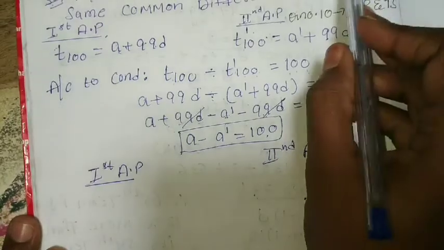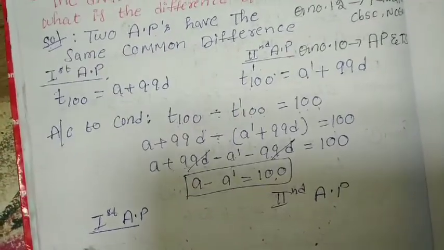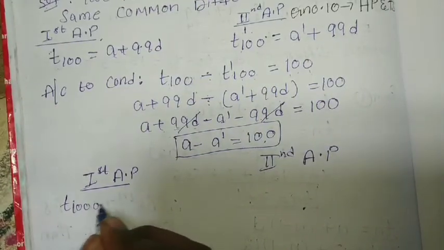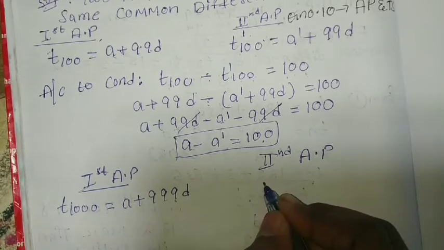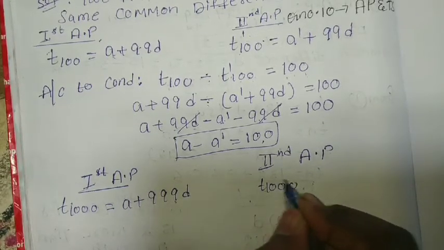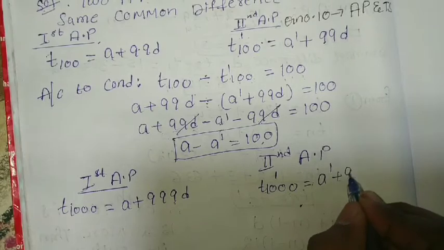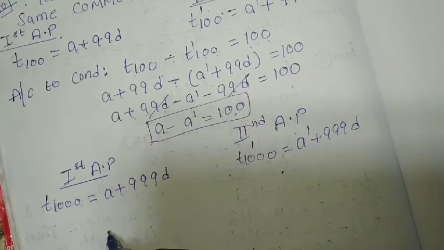But what about the 1000th term? Same process. Term 1000 is A plus 999D, and T dash 1000 is A dash plus 999D.